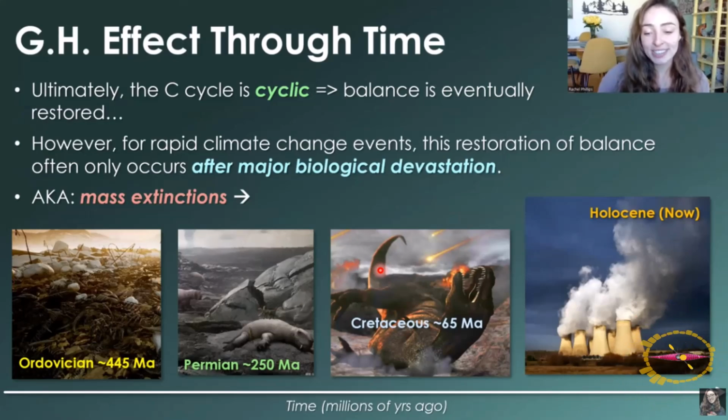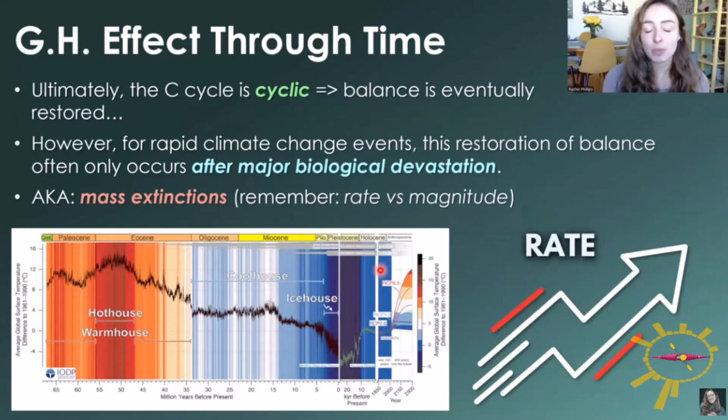But when there are periods of rapid climate change, that balance often doesn't come back without major biological devastation, aka mass extinction events. Remember, in some of my recent videos, I've been talking about how rate is different than magnitude, or not different than, but more important than when it comes to causing mass extinctions through climate change. In other words, when there's gradual climate change over millions of years of timescales, life has a chance to evolve and adapt, whereas when climate change is rapid in Earth's history, it does eventually balance back out, but this rapid change typically causes mass extinctions first.